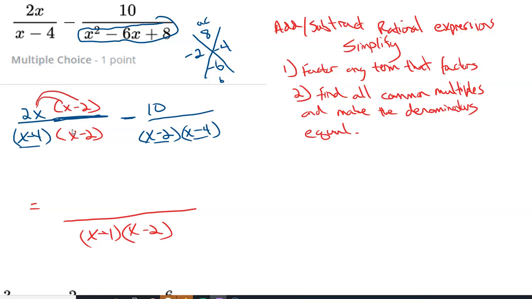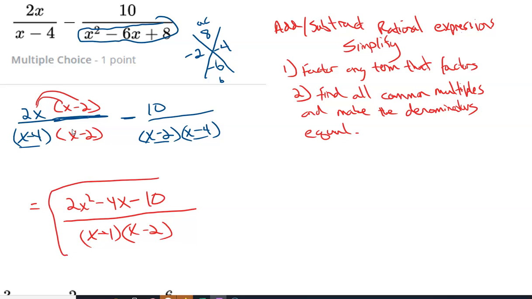I'm going to distribute that right there. 2x times x is 2x squared. And 2x times negative 2 is minus 4x. And then minus 10 on the end here, because now I can subtract that 10. I'll do minus 10. All right, so I have 2x squared minus 4x minus 10.